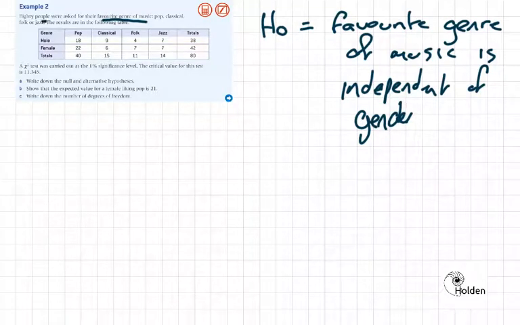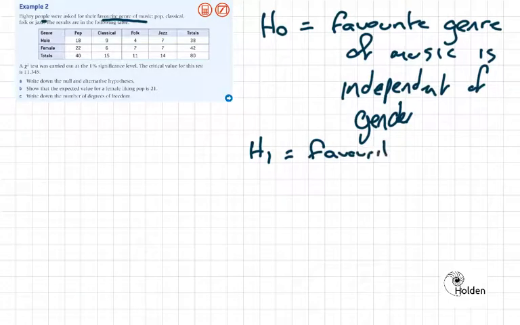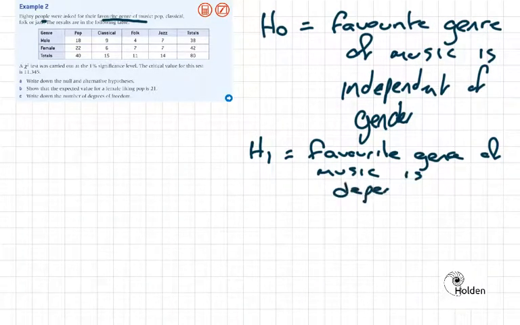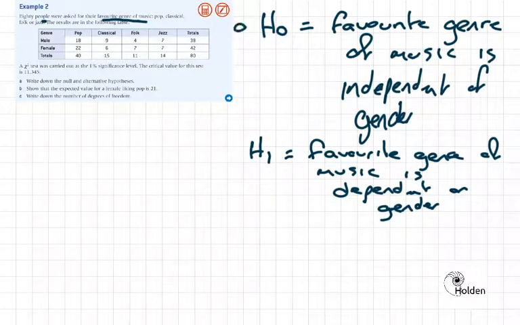Okay, so gender is independent. Our alternative hypothesis H1: favorite genre of music is dependent on gender. Okay, so do males and females have different choices in music? Well, that's what it's asking.